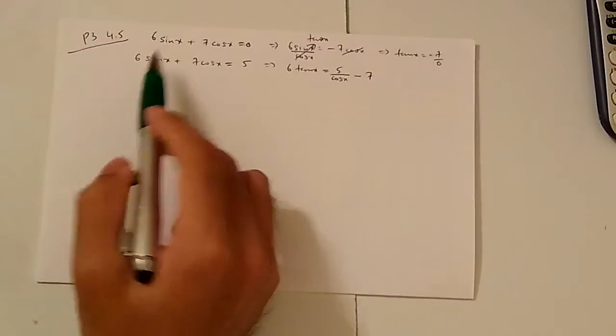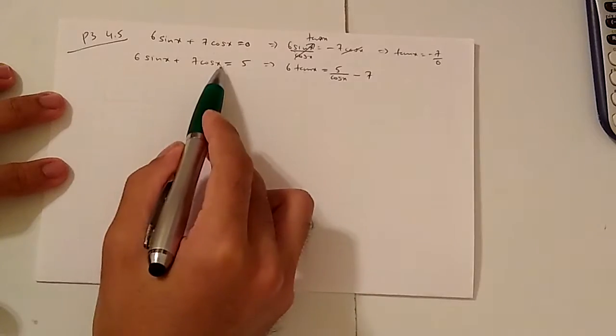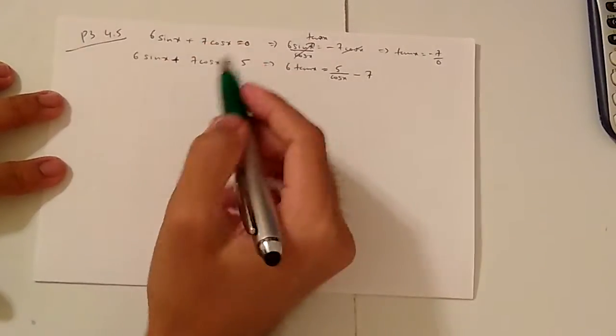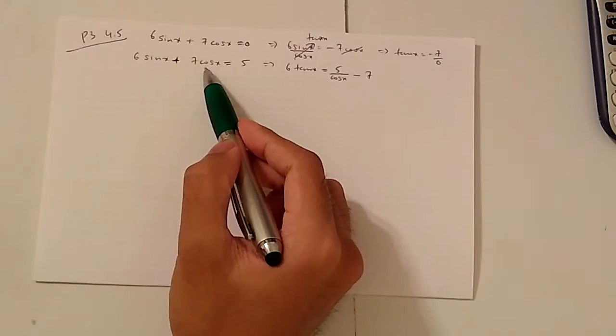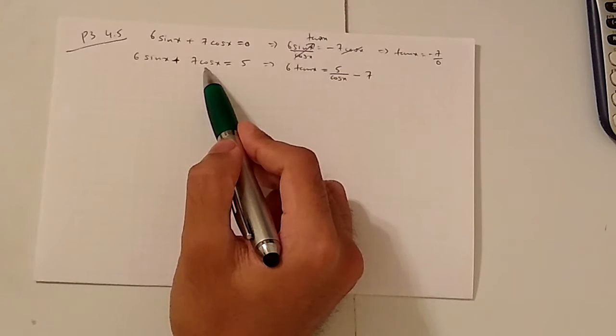Usually, if we have a sum or a difference of a sine and a cos ratio, we will try to combine them into a single trigonometric ratio.